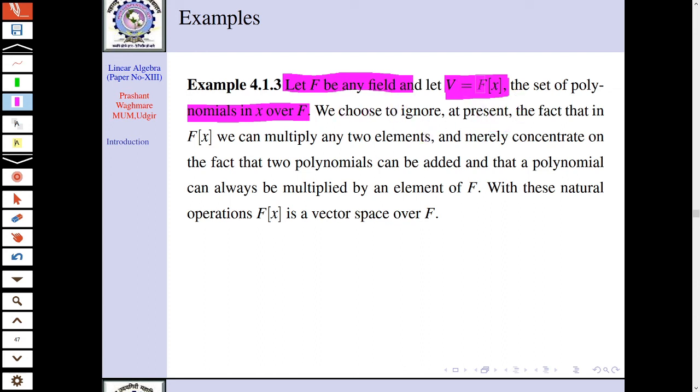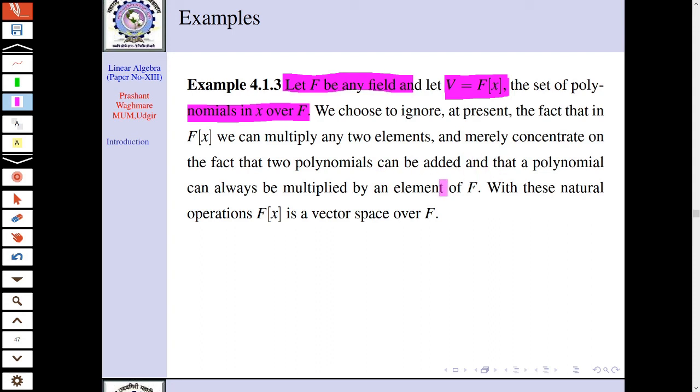Now one can easily observe, one should know, because you have already learned in ring theory, that V equal to F of x is a ring. It is a ring. That's why automatically it forms an abelian group with respect to addition. Now with respect to scalar multiplication, it should satisfy those four axioms of vector spaces, right?